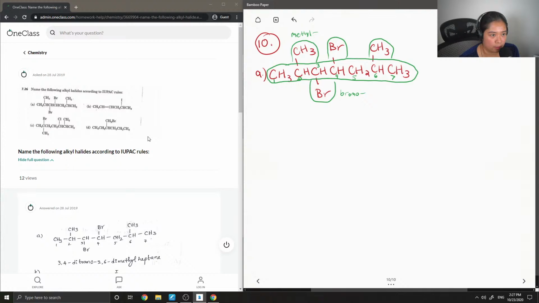So on carbons 3 and 4 are the 2 bromines. So it's going to be 3,4-dibromo to indicate that there are 2 of them. 2,6-dimethyl, since there are 2 methyls. And then because our parent chain has 7 carbons, it is going to be heptane.